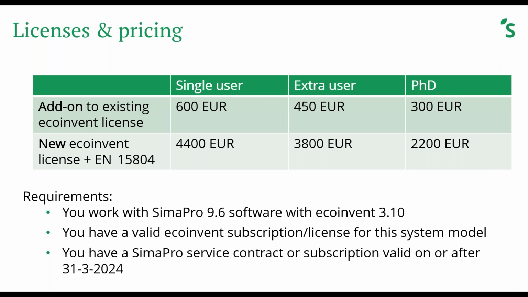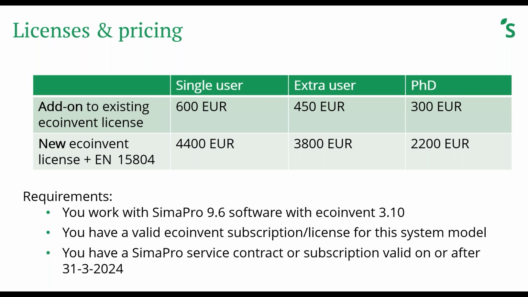If you are new to SimaPro and want to purchase everything together, it's basically added to the regular price of your ecoinvent license. So it starts at around 3,800. If you want this model as well, it becomes 4,400 euros for the first user, and an additional 3,800 for extra users. This pricing is for our perpetual licensing for ecoinvent and SimaPro.